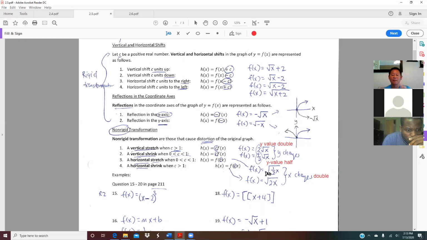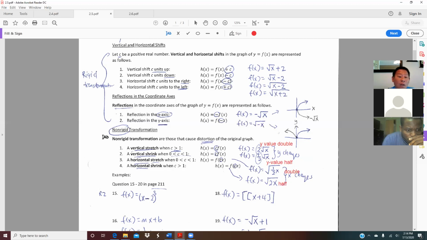The reason is because when you horizontal stretch it, your x value will double. So that's why it becomes wider. So when you have 1/2, it'll be double. When you have 1/3, it'll be triple. And this one, you'll cut your x value by half. This is when c is greater than 1 and is inside the function.